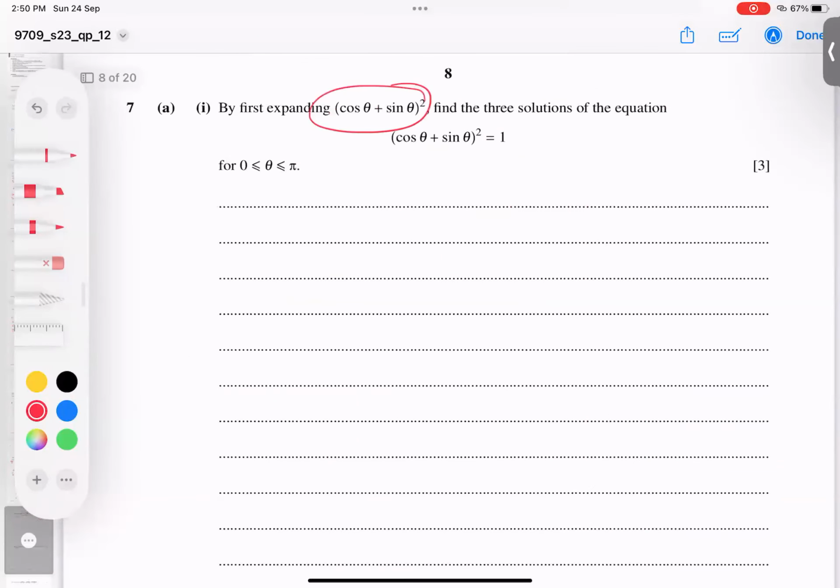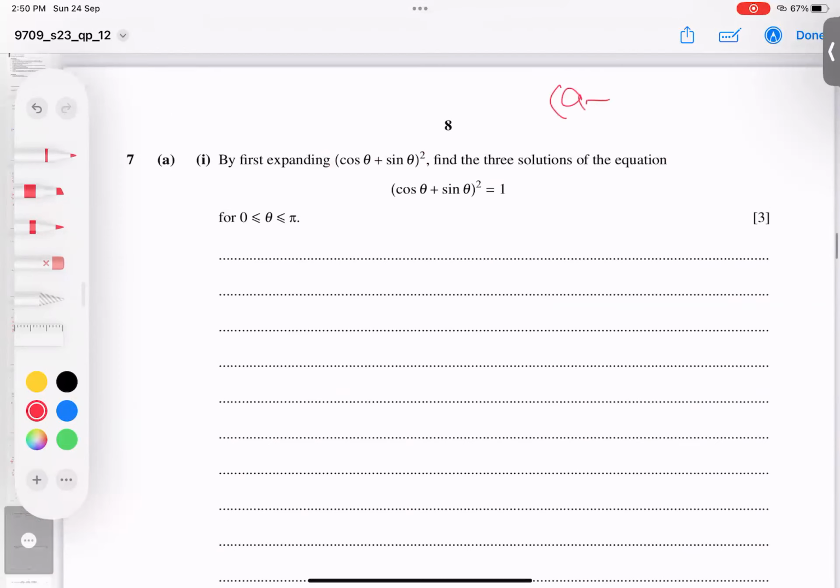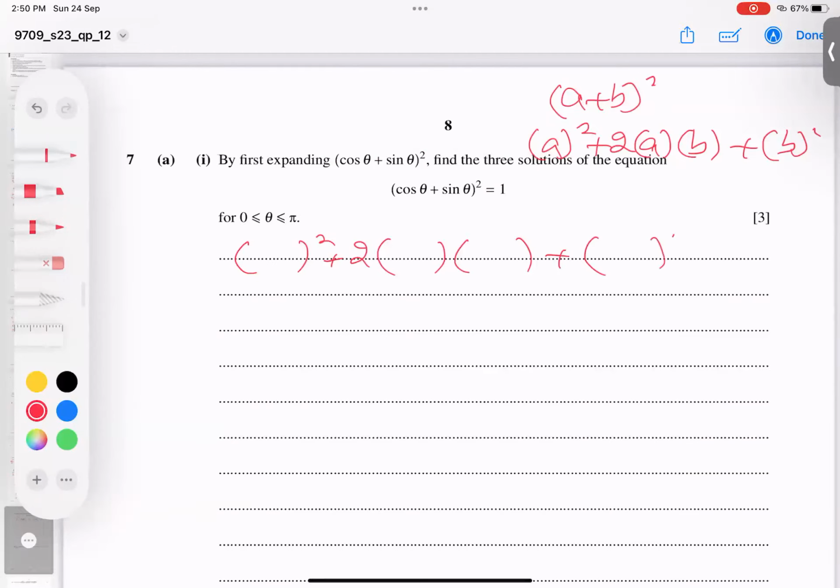First, he's saying expand it, and it is the (a plus b) whole square formula. If you remember or not, I will just show again what the way is. First term square in the beginning, 2 into first term, second term, and second term square. So a square plus 2 into a into b and plus b square.